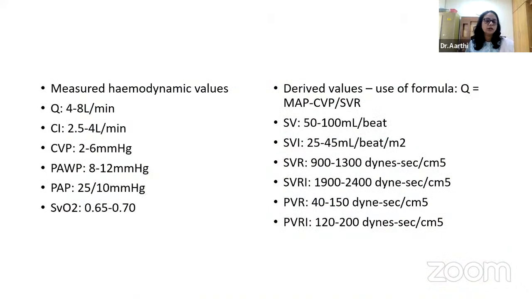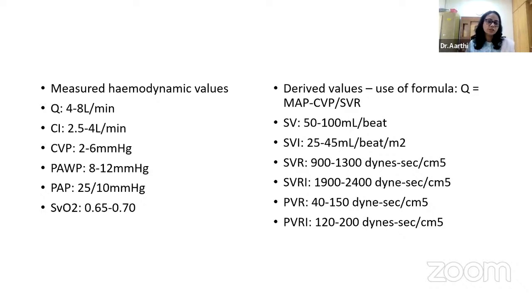So there are normal variables which are measured using pulmonary artery catheters, and there are derived variables calculated using formulas from the basic variables derived from the pulmonary artery catheters. So cardiac output can be derived using a pulmonary artery catheter, and hence cardiac index can be calculated.